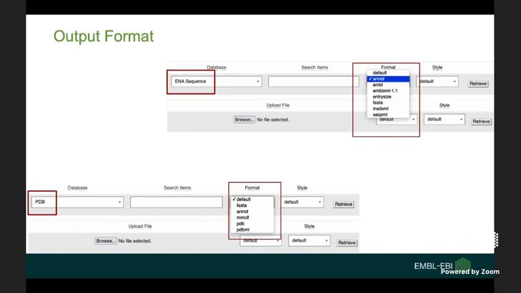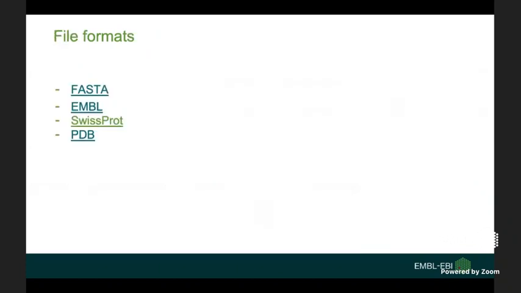For example, the default for the ENA database is EMBL format. So the selection of output format varies based on the database. As you can see here, for the database ENA, these are the output formats, and for the database PDB, the output formats are a bit different.